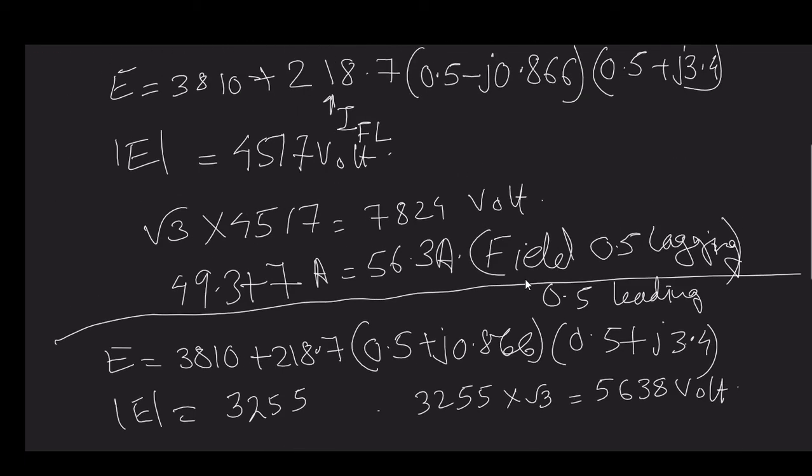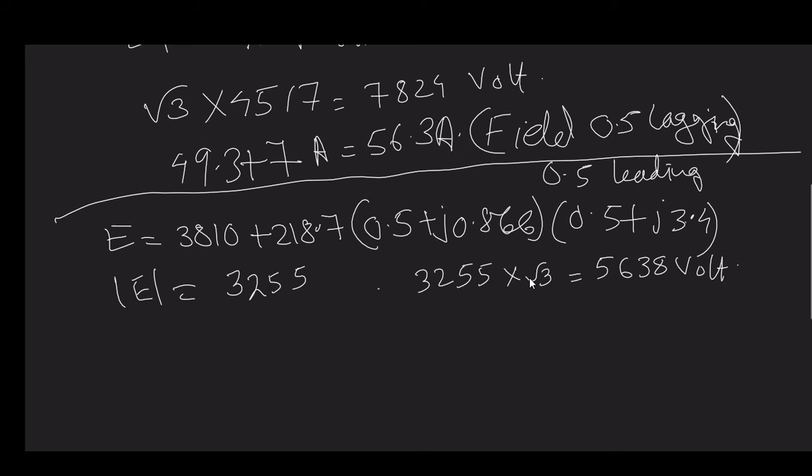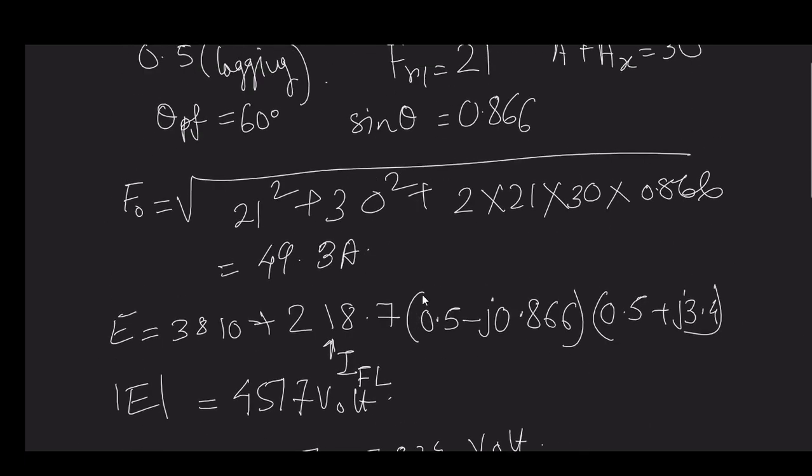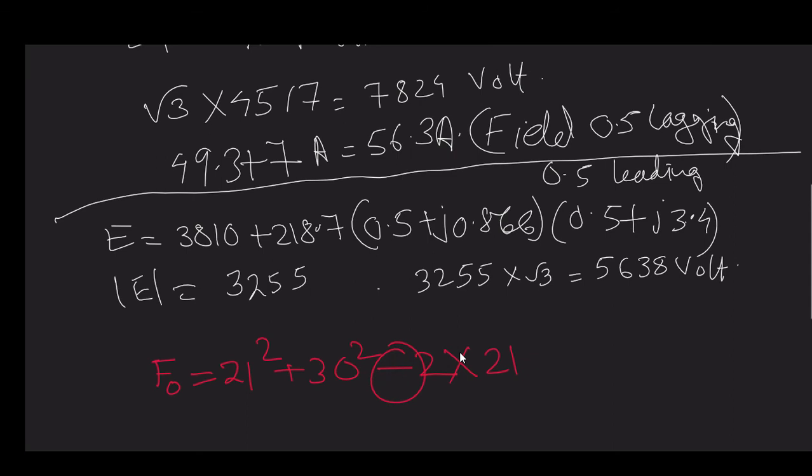So the net excitation required will be, okay. Another thing we need to figure out is that for 0.5 leading it will become 21 square plus 30 square minus. This is a change: here it was plus, now it has become minus.